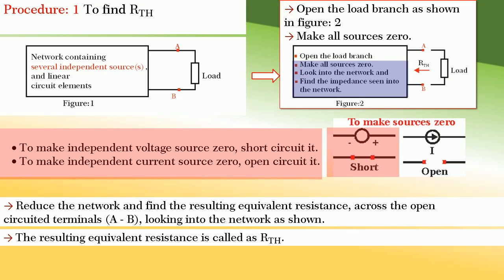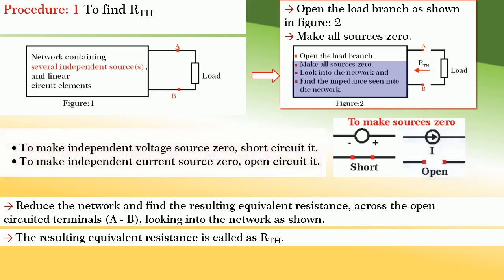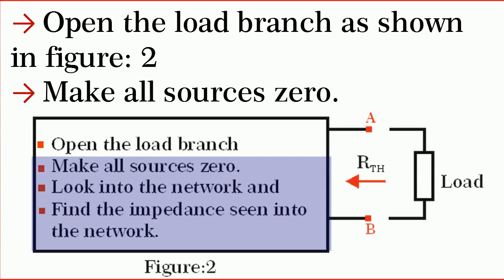To make an independent voltage source 0, short circuit it. To make an independent current source 0, open circuit it. After this, reduce the network and find the resulting equivalent resistance across the open circuited terminals looking into the circuit as shown in the figure. The resulting equivalent resistance is called R Thevenin.